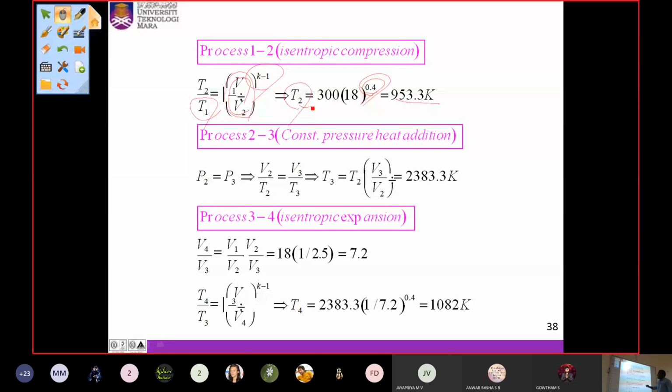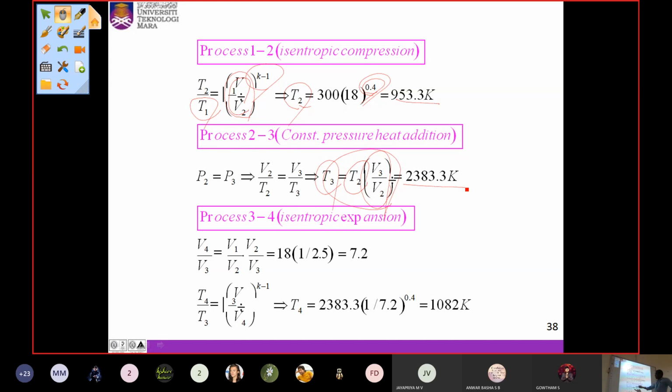Then for the next process, we have constant pressure heat addition. So T3 by T2 equals V3 by V2. We know the value T2, and they gave the value for V3 by V2, so if you substitute, you can calculate the T3 value. Then the next process is isentropic expansion.